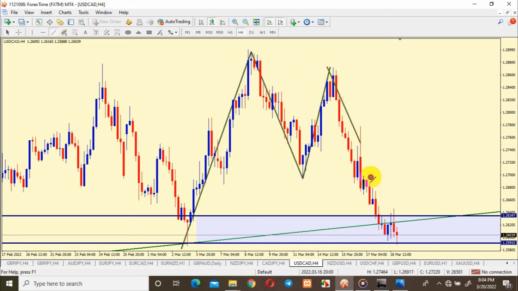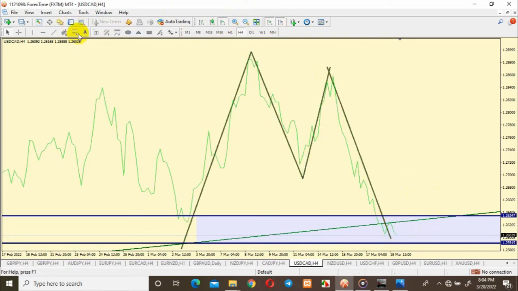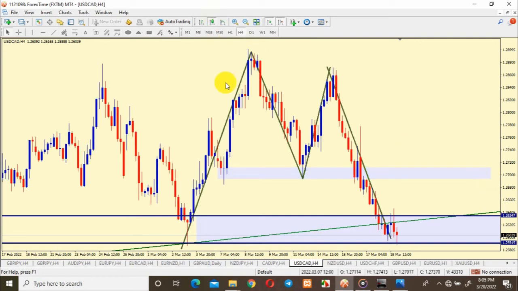I don't want to go into details of the type of harmonic pattern, but it's a harmonic pattern. So what are we expecting on this price? Look at this. If I move this to the line chart, you notice that we have a base somewhere here. Let's go back to our charts.